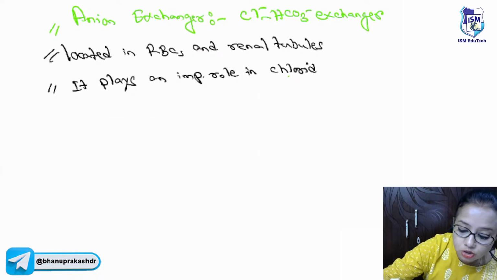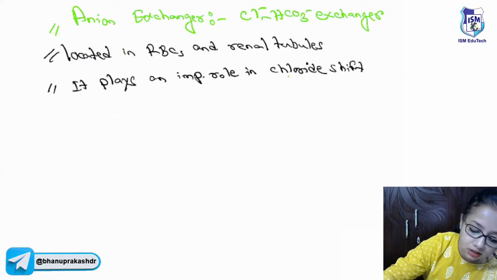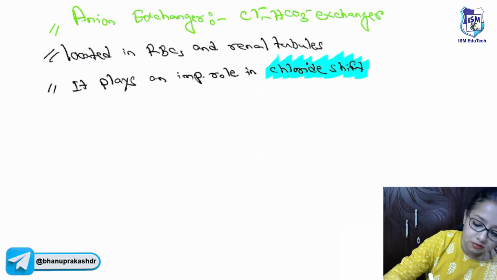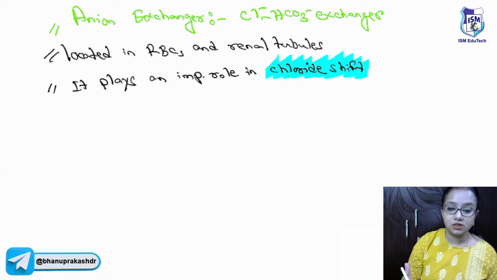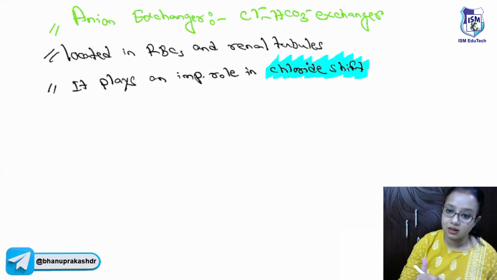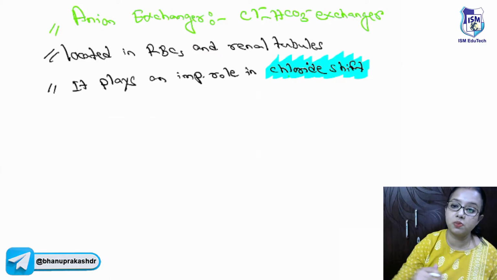chloride shift. So chloride shift, for now, let us just remember it is a physiological phenomenon that happens at the level of the tissue, the peripheral cell and lungs, that helps in expelling the carbon dioxide and maintaining the pH.